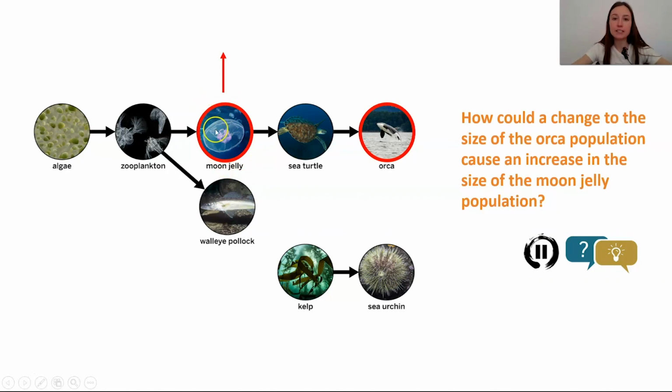If the moon jellies are increasing, that would indicate that they are most likely having less deaths than usual. That would mean we would have to see a decrease in the sea turtles because less energy storage molecules required from the sea turtles means less deaths in the moon jellies.